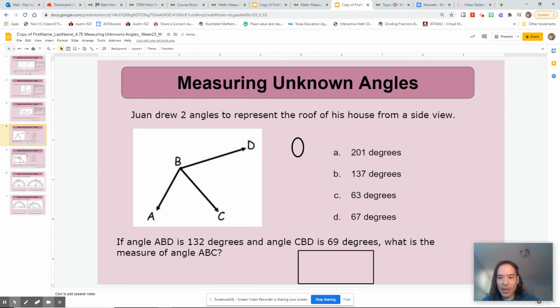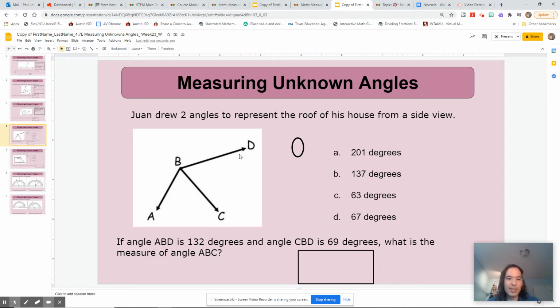Next page. Okay. So one drew two angles to represent the roof of his house from a side view. If angle ABD, an obtuse angle, is 132 degrees, so this angle ABD is 132 degrees in total, and angle CBD is 69 degrees, so the whole thing is 132.